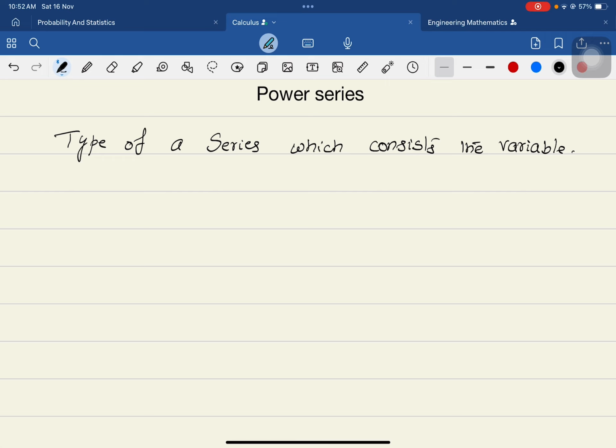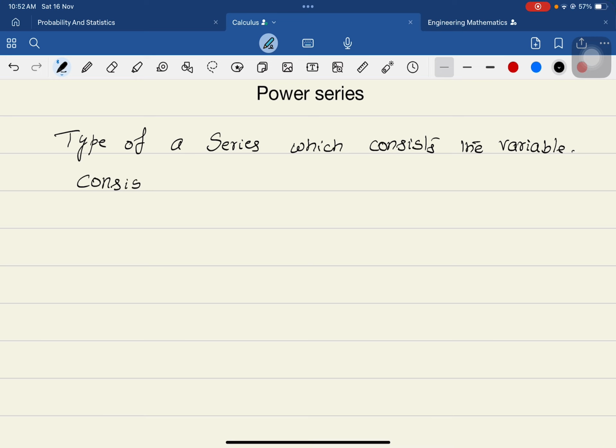In fact, we can say that it consists of a polynomial of the variable. Polynomials. That means it can be expressed in this way.